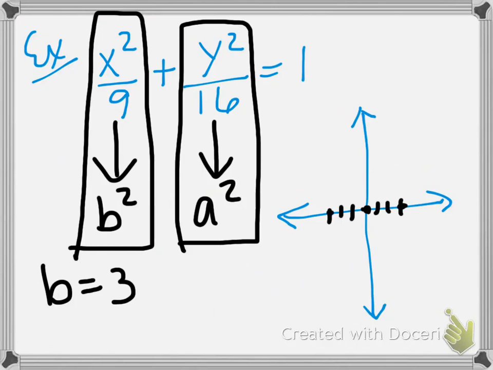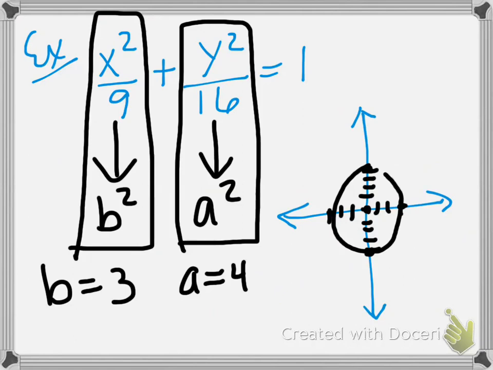Okay, and then for a squared being 16, that means a is 4, and since a is under the y, we're going to go 4 up, put a dot, 4 down, put a dot, connect my dots to the best of my ability with my squiggly pen, and there's my vertical ellipse. That's all it takes to graph it.